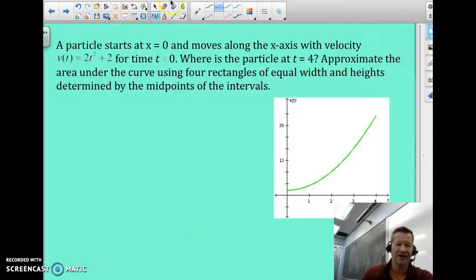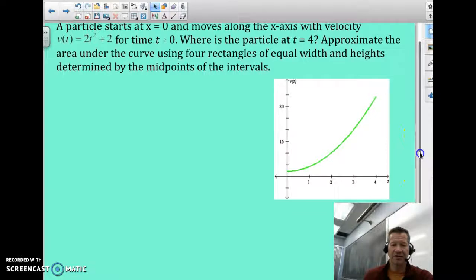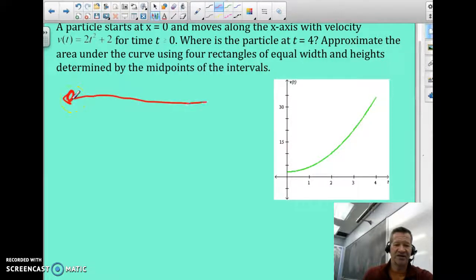Now, what about this? Now is where we get a problem. Here's where Riemann sums come into play. Let me move this down just a hair here, get my head out of the way. It says a particle starts at x equals 0 again and moves along the x-axis with velocity v of t equals 2t squared plus 2 for time t greater than or equal to 0.